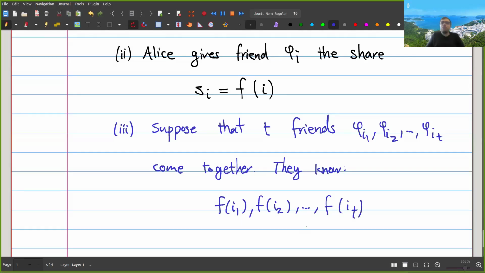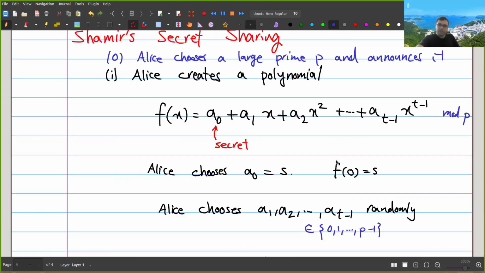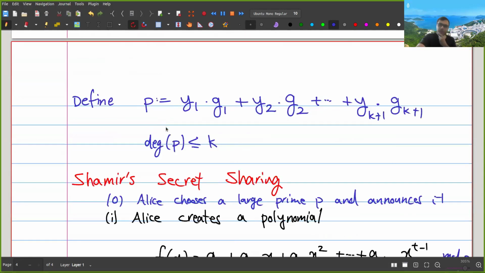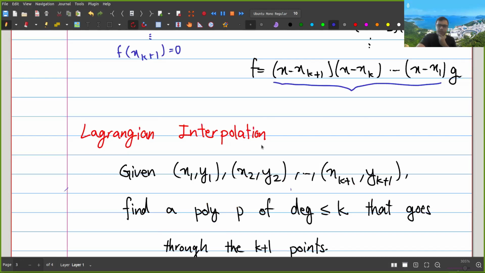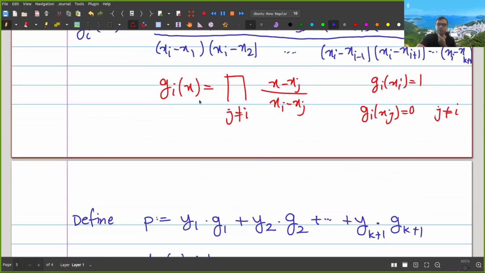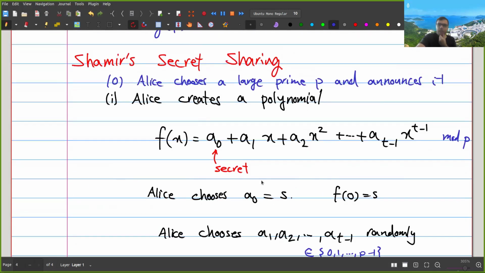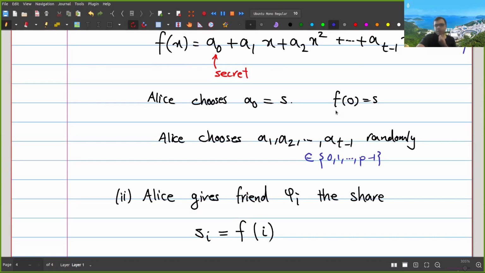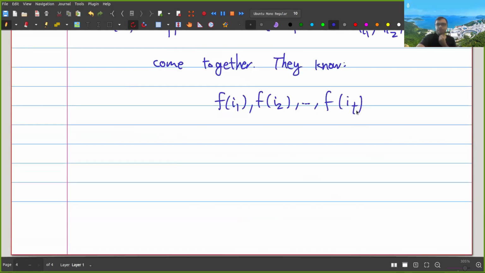So basically, they know t points of my polynomial. And we said that this is a polynomial of degree t minus 1. So if we know t points of this polynomial, we can just apply Lagrange interpolation and we can find the polynomial. So any t of the friends can find the polynomial f. And when they find the polynomial f, they can just calculate its value at 0, f of 0, and that gives them the secret.